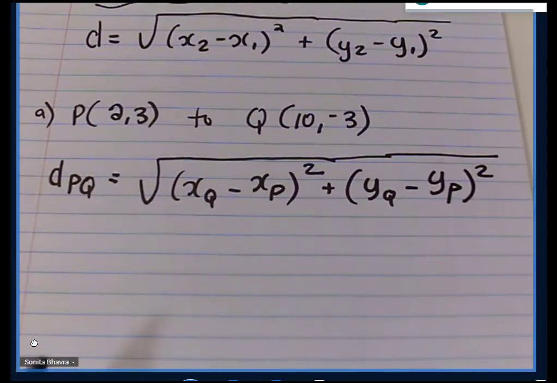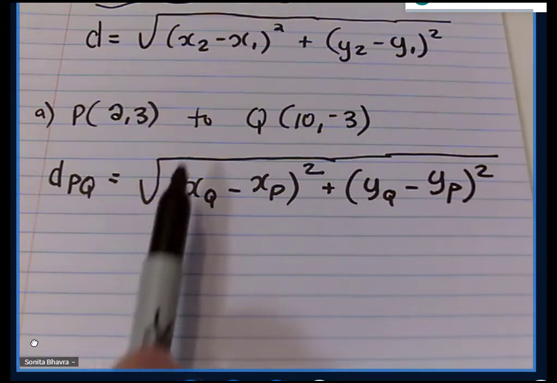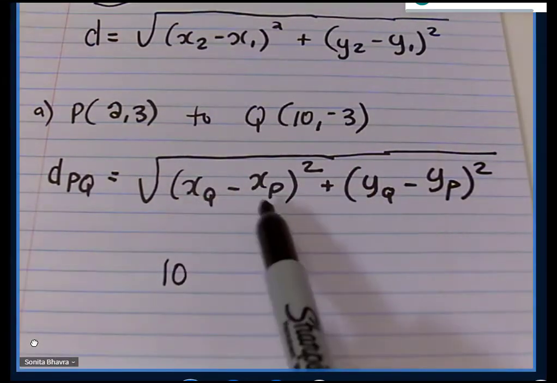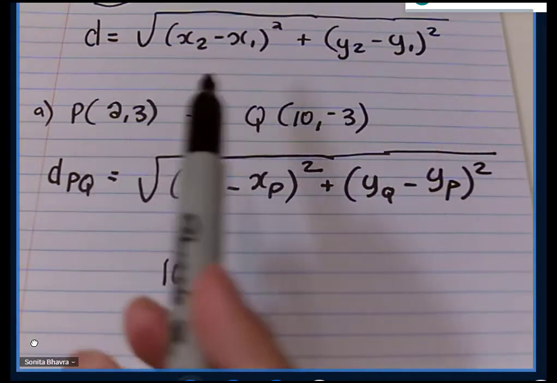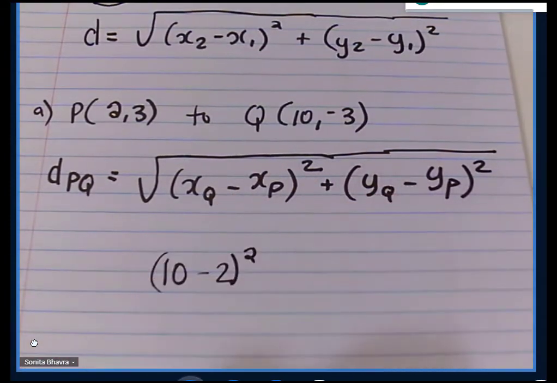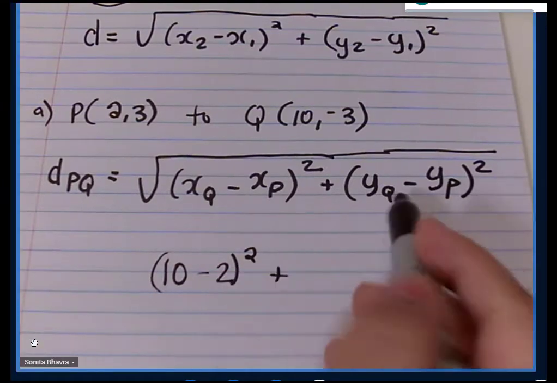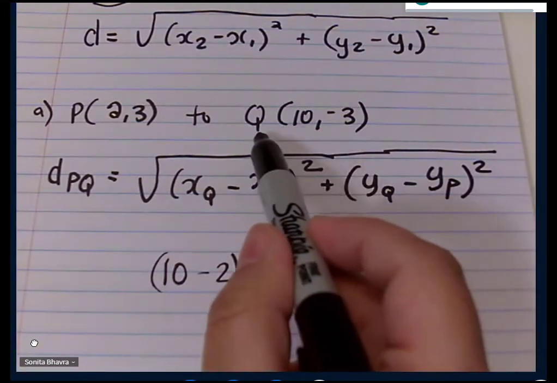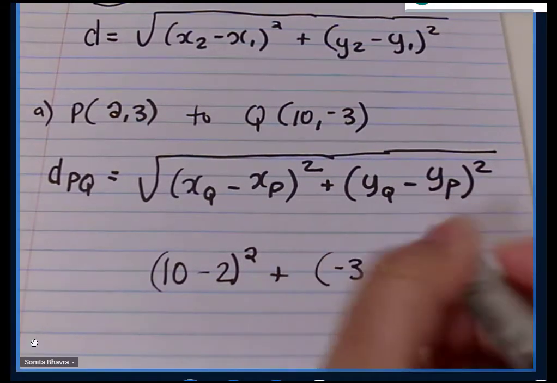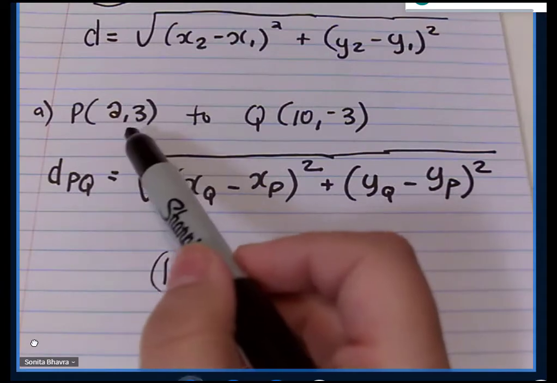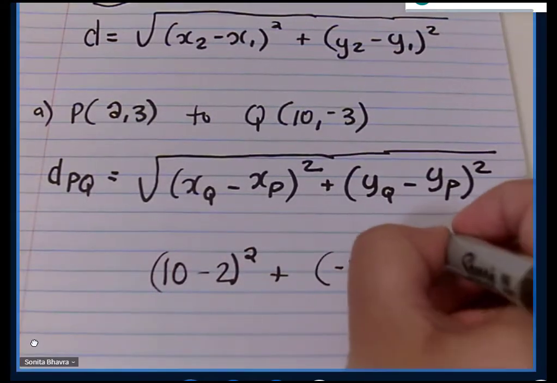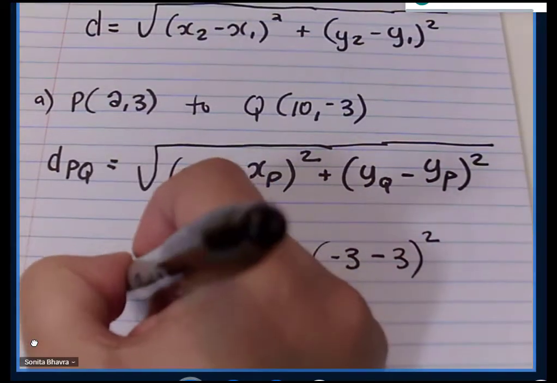Okay, so let's fill in our points next. Our x of Q is 10, and our x of point P is 2, so 10 minus 2, and it is squared. And then our y of Q is negative 3, and we're going to subtract y of P, which is positive 3, so minus 3, and that is squared. And then you have to take the square root of it.